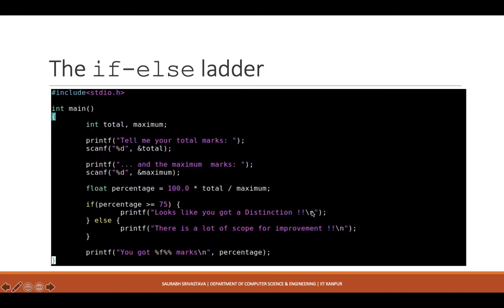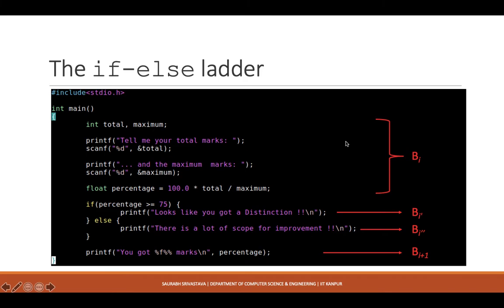Okay, so let's take an example here. Here now I have added another else statement, and it says that there is a lot of scope for improvement. So if your percentage is greater than 75, it says, looks like you got a distinction, and otherwise, if it is less than 75, it will print this statement, right?